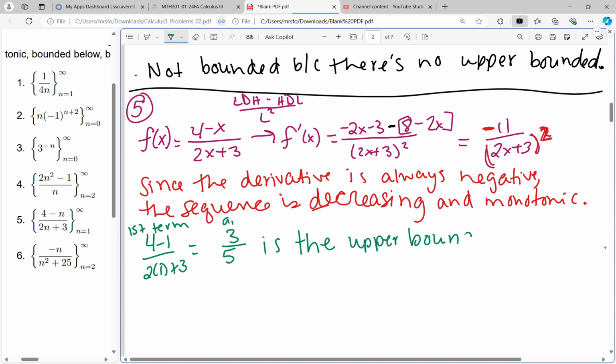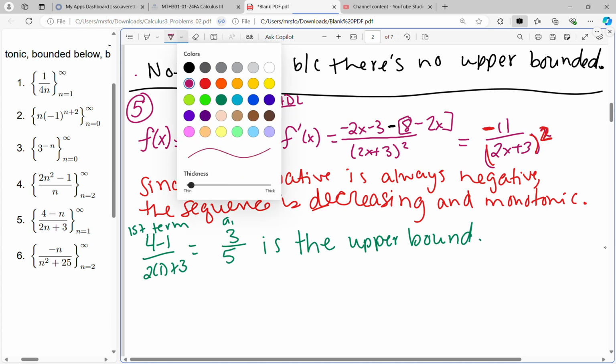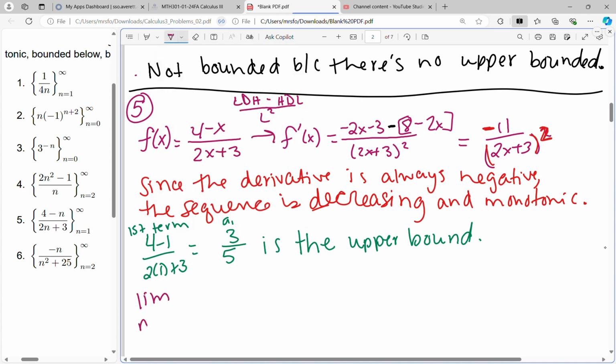So to see if there's a lower bound, we can take the limit as n approaches infinity of 4 minus n over 2n plus 3. In the last problem, it went to infinity, so it wasn't bounded. However, in this problem, when we take the limit, we would end up with 4 over n minus 1, over 2 plus 3 over n.